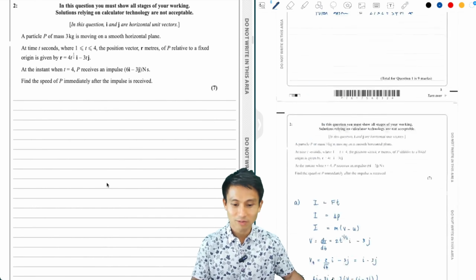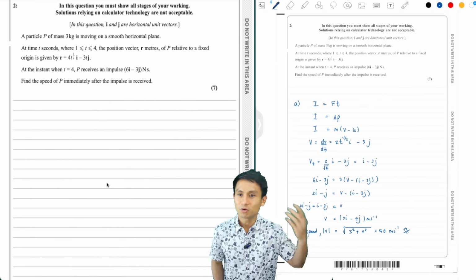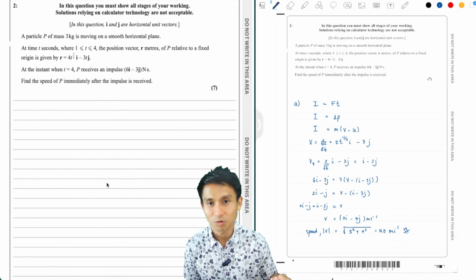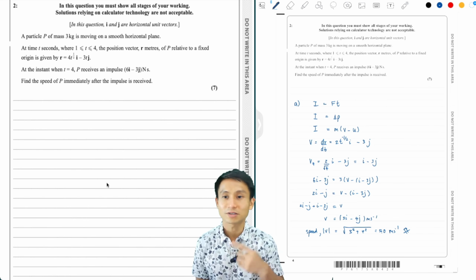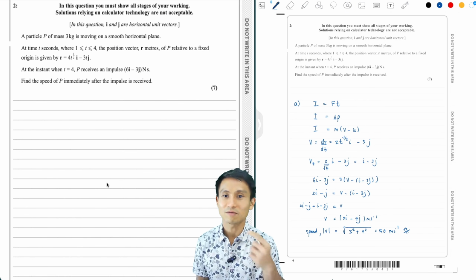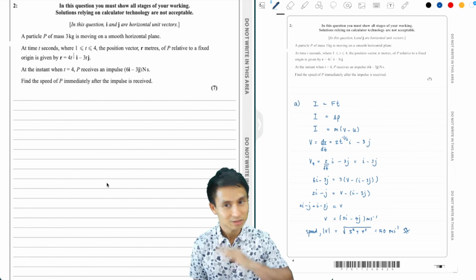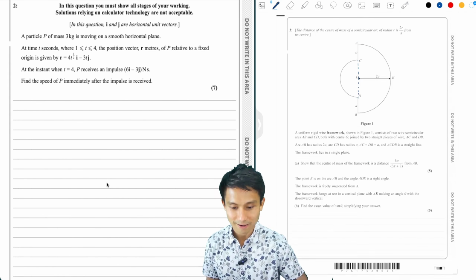Yeah, so that was number one. Number two here, basically, because impulse involves change in momentum, hence change in velocity, you probably have to find the velocity first, and because they give you a position vector, if you differentiate that, you get the velocity vector. So that's just the key part there to know, right? And the rest should be fine.